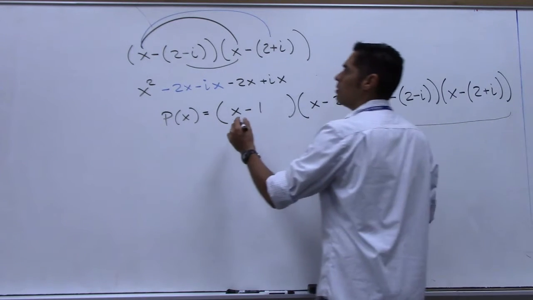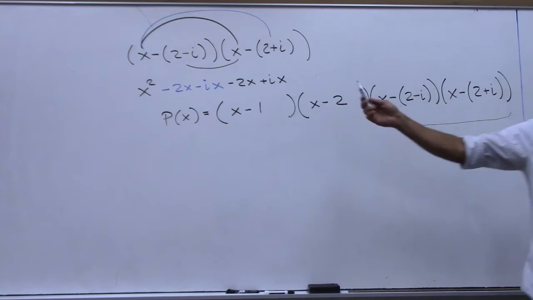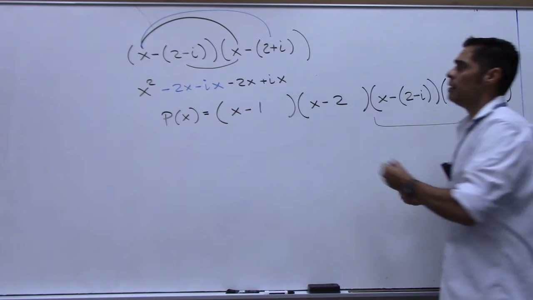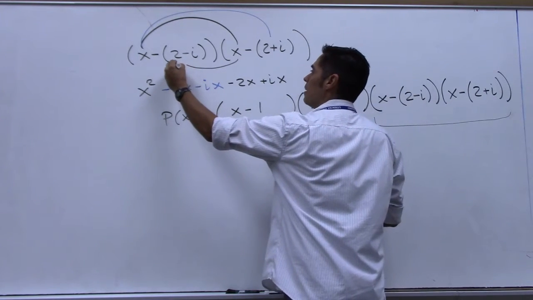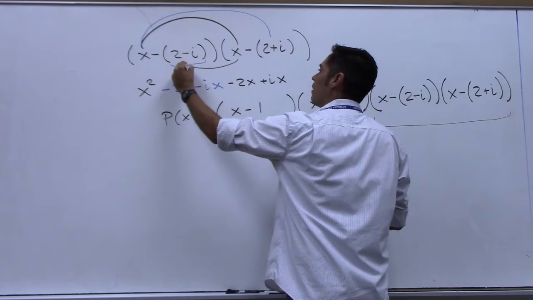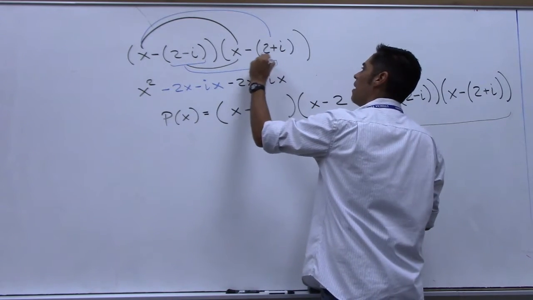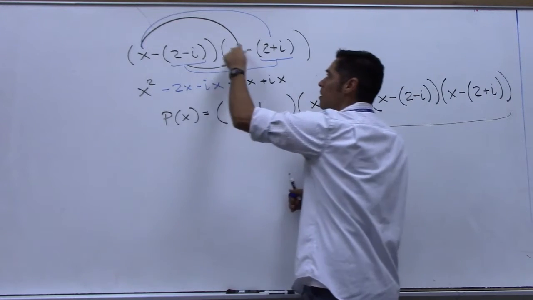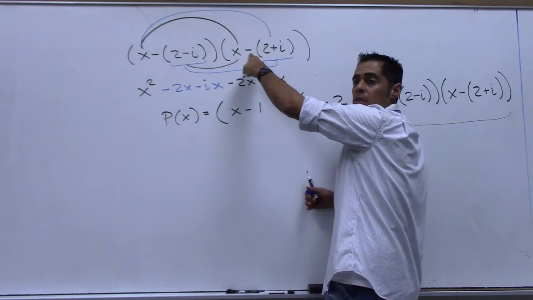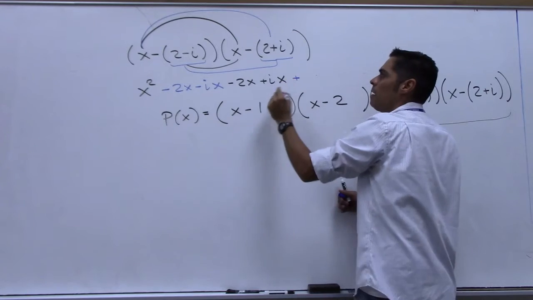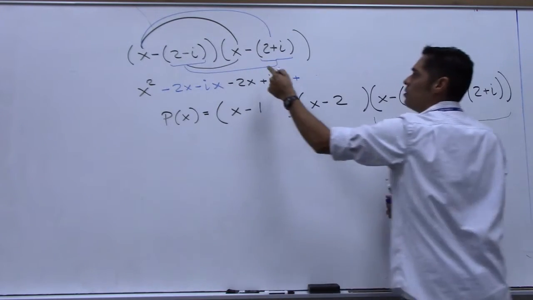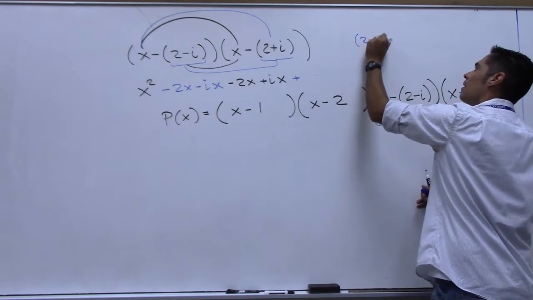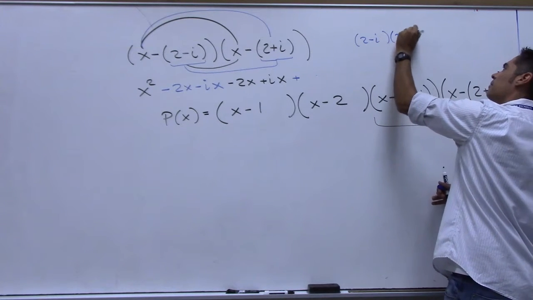Still got to do the last one. Are y'all okay with that, though? That part? The two inner ones? Okay, the last ones I'm doing, it's basically this entire thing right here times that entire thing. This one is a negative, isn't it? This one is a negative. Negative times negative? Positive. And then we have to do 2 minus i times 2 plus i.